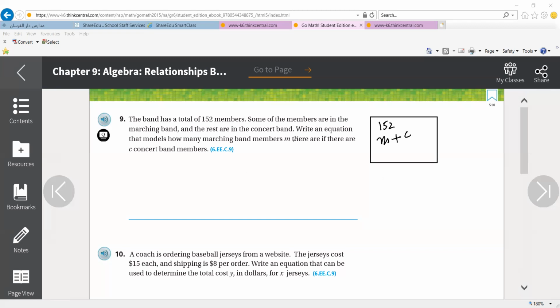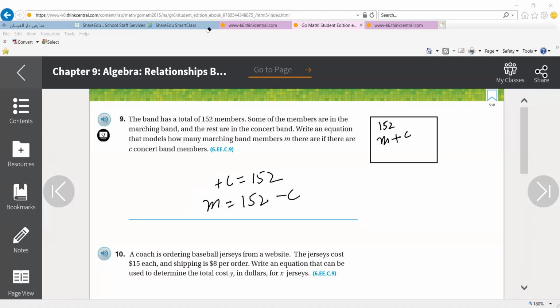How many marching band members are there if there are C concert members? I think we can just write the equation as M plus C equals 152. They ask how many marching band members, so M will be 152, and the plus C will become minus C. These are the marching band members.